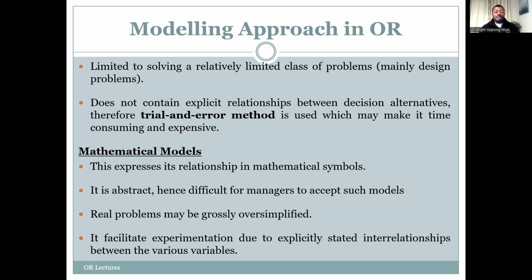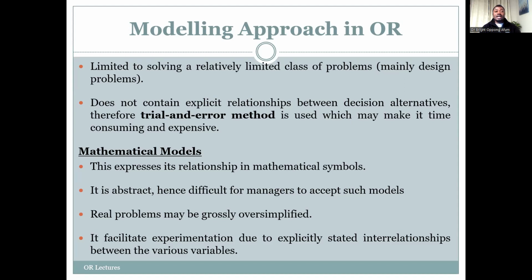The real world problem is oversimplified using mathematical equations, like for instance how vehicles move to cause accidents, maybe how two vehicles collide. If you want to model it, then you grossly oversimplify it using mathematical symbols, equations and inequalities. So the relationships between them are all represented in that way.